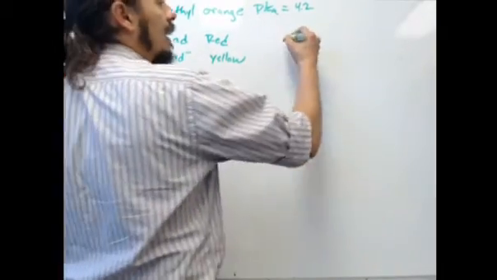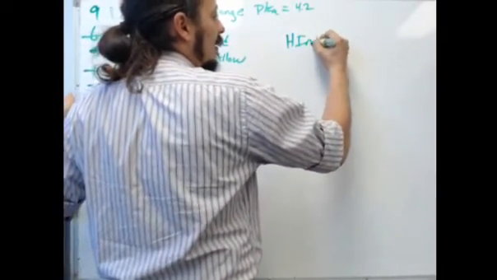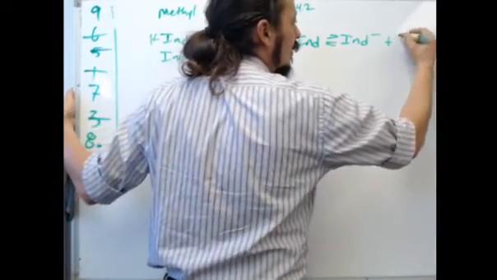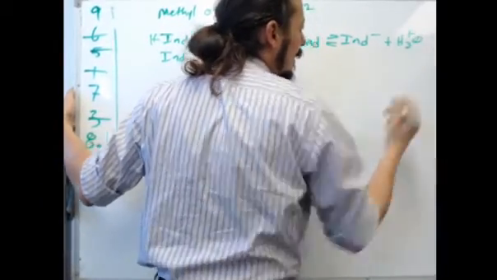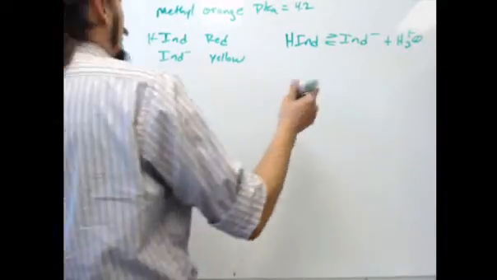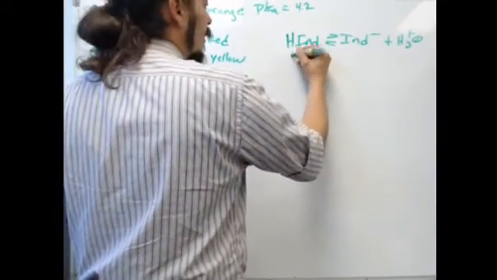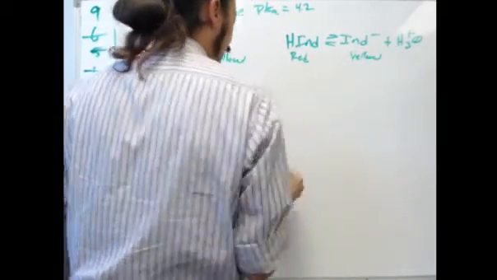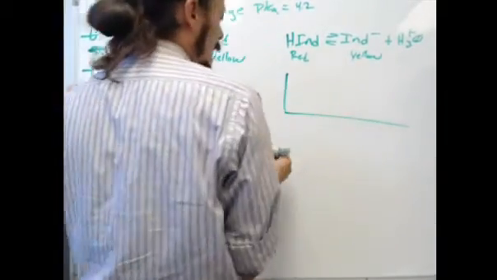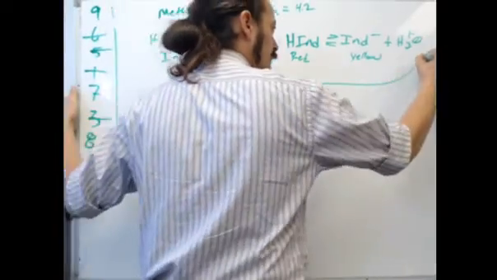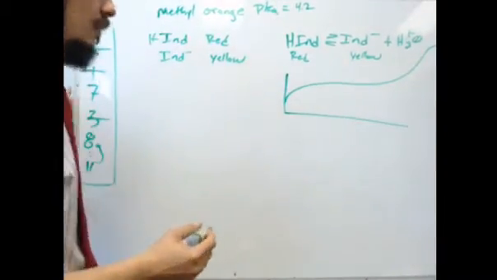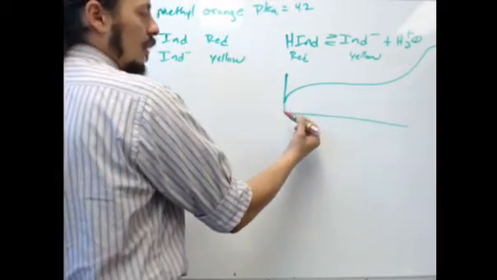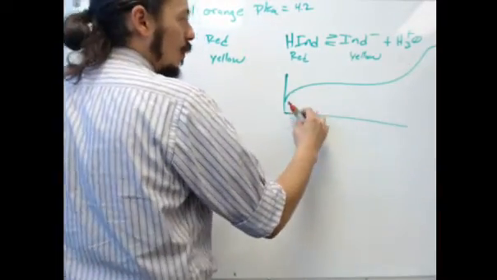Every indicator we can actually think about in terms of a weak acid, where I can have my red to yellow. And if I drew a titration curve for my indicator, tell me, where's it going to be red?